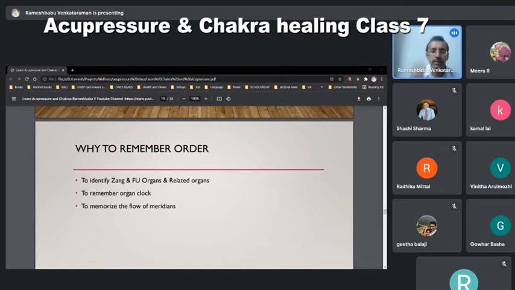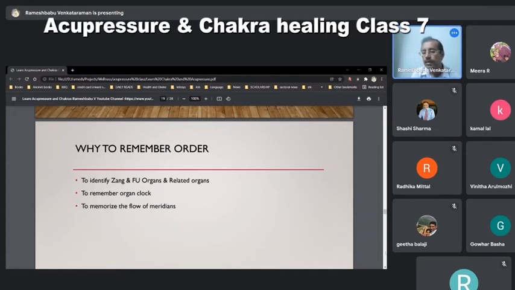The reason is that, as we'll see in the next classes on how to diagnose, the Zang Fu organs are in some particular order. Similarly, there is something called organ clock theory, and how to memorize the flow of meridians. All these have certain orders. If you remember the same order, like lung, large intestine, then it becomes important. That's why you have to remember this order.